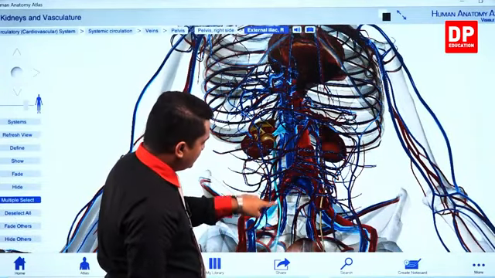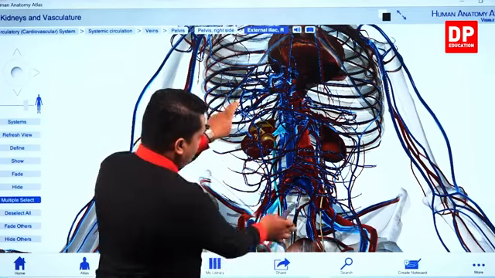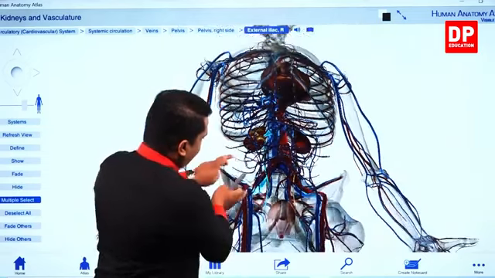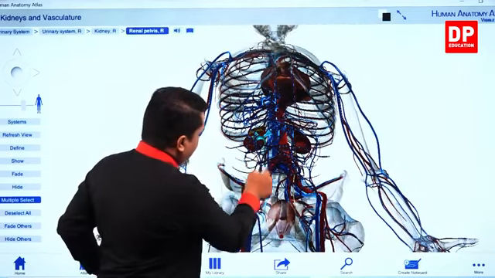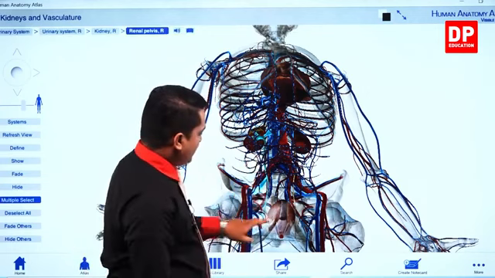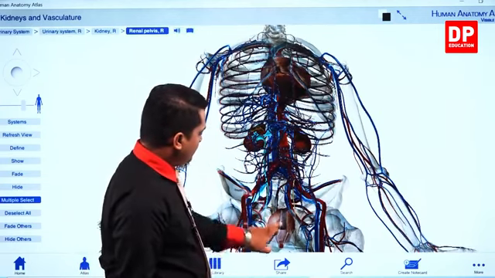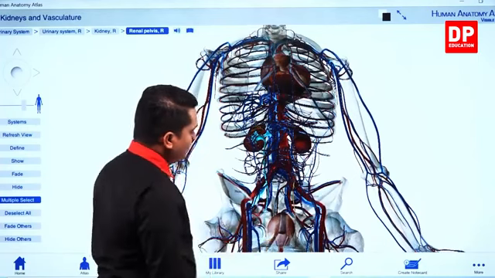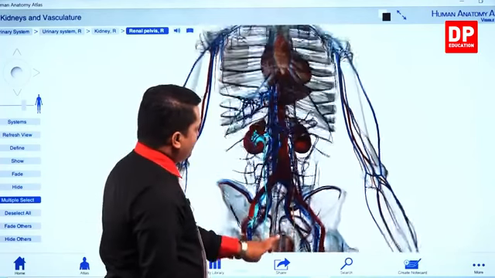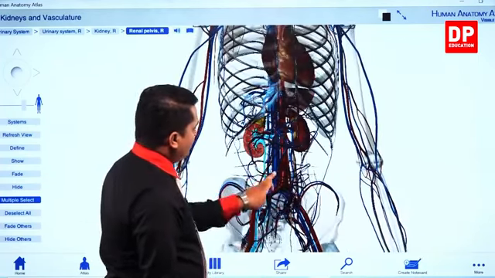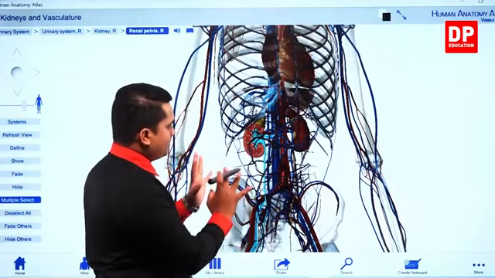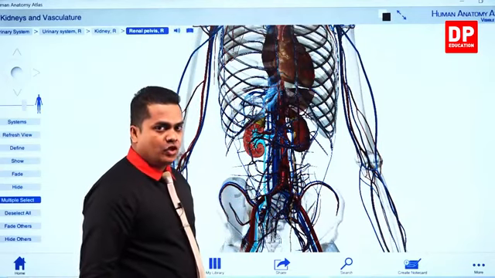This one is the ureter, running towards the bladder over here. So this is the inner structure of the kidney and the outer appearance of a human kidney.